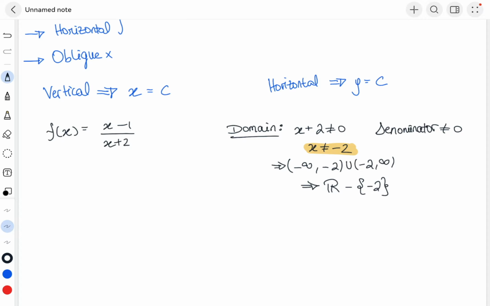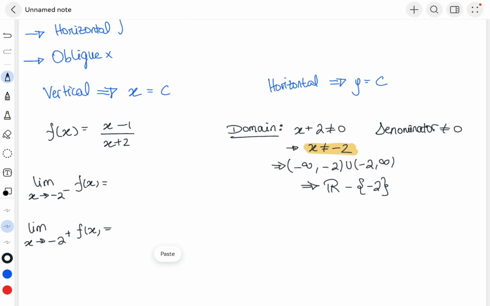Now, we'll need to check if we have any asymptote on this condition. Then we'll need to do the limit as x tends to negative 2 from the negative side of the function, and the limit as x tends to negative 2 plus of the function. If we get infinity or negative infinity, it means we have a vertical asymptote.